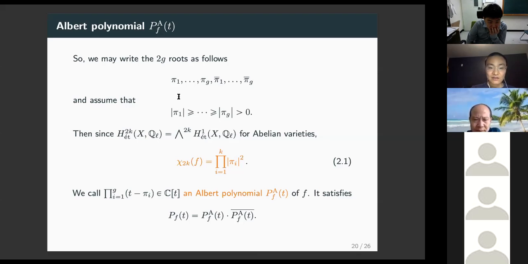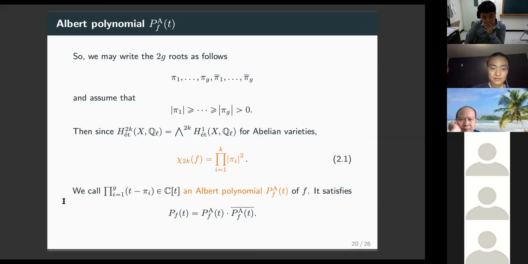So if we know the action of F on H^1, and H^{2k} is the wedge product, then we know chi_{2k} of F is nothing but the product of the squares of the absolute values of pi_i. So chi_{2k} of F is the maximum of absolute values of eigenvalues. We know the eigenvalues are here, so the maximum must be this one.